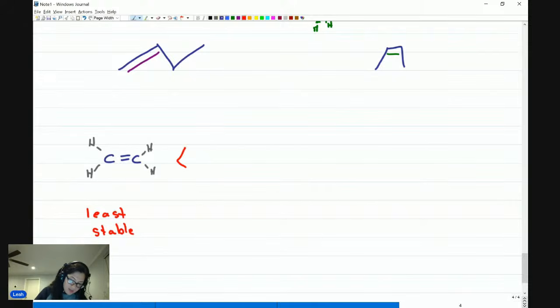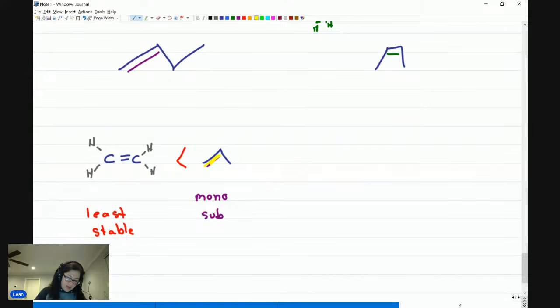Slightly more stable is if I have a pi bond with one substituent. This one is called a monosubstituted pi bond because it only has one substituent. A trick for this, the highlighter trick, is this.